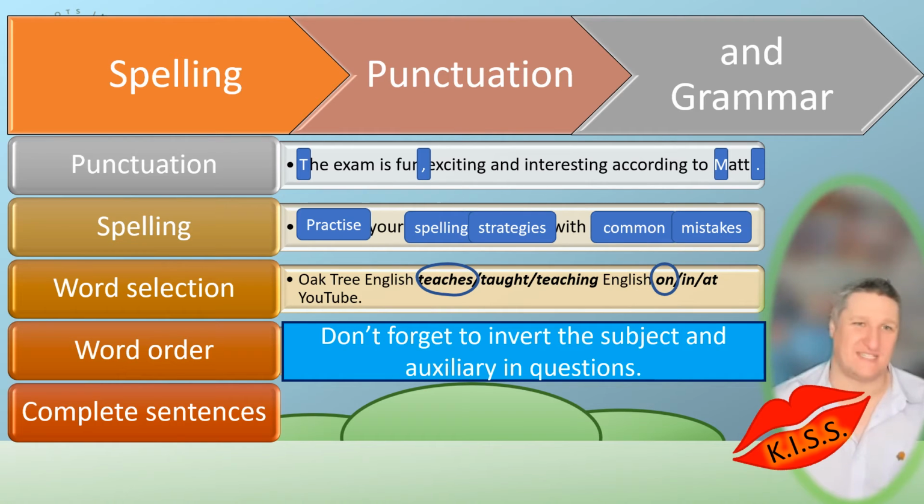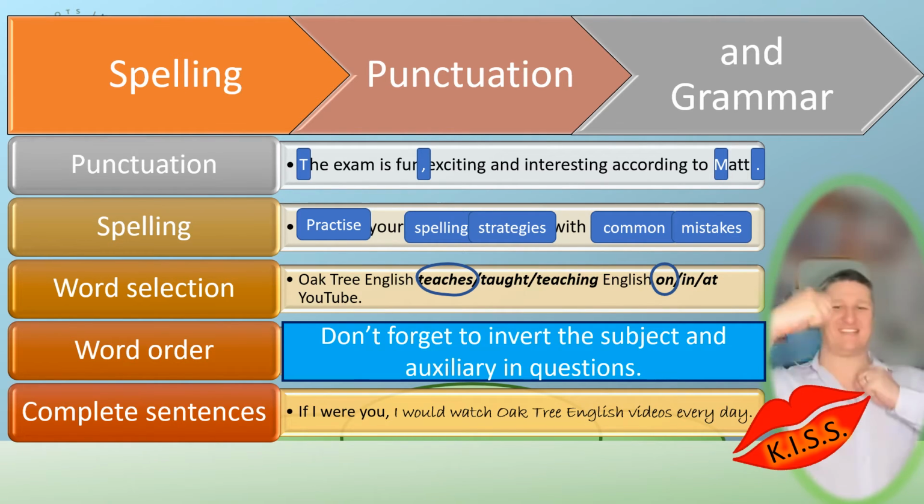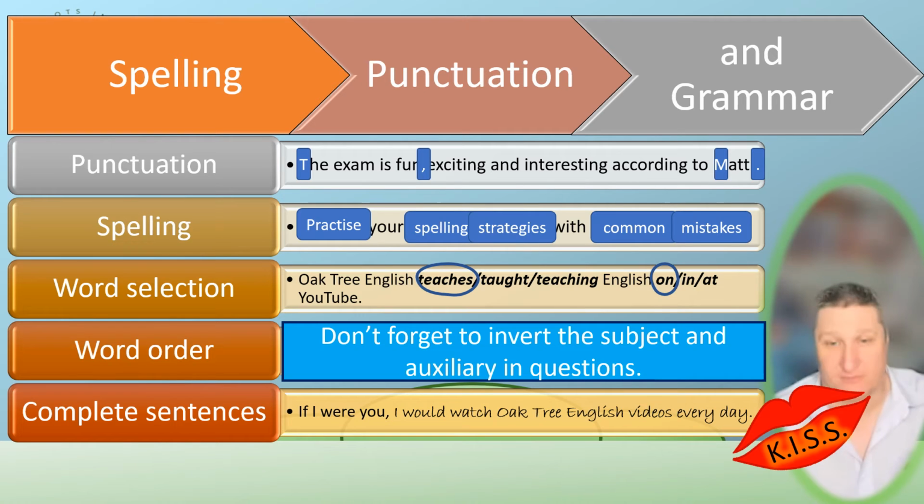So you could complete if I were you with if I were you, I would watch Oak Tree English videos every day. Notice I've split every and day up. That's 2 words because it is not the same as everyday. It's getting closer, going faster than a roller coaster. Never a wrong time for some Buddy Holly there.